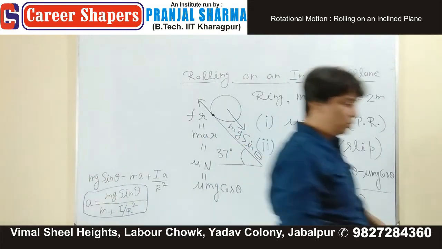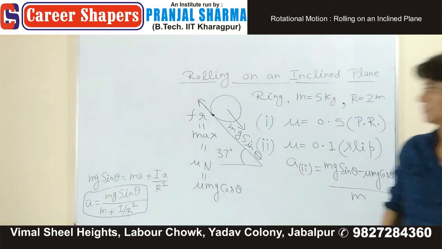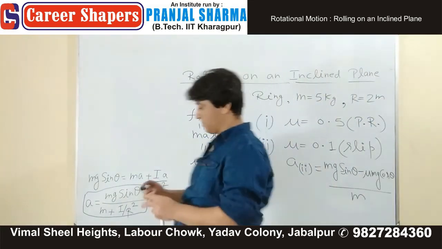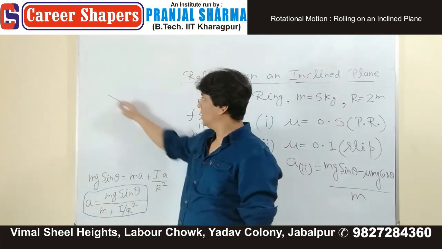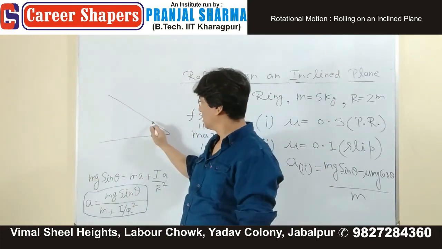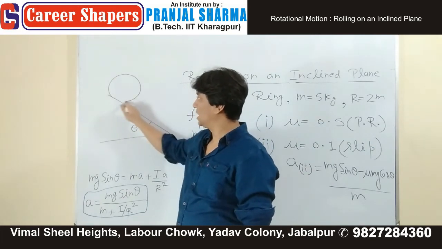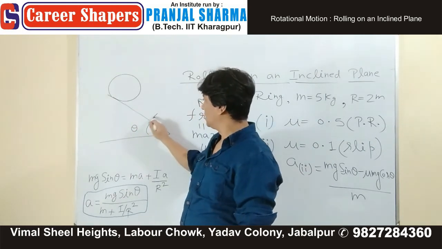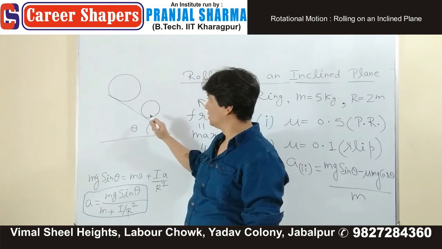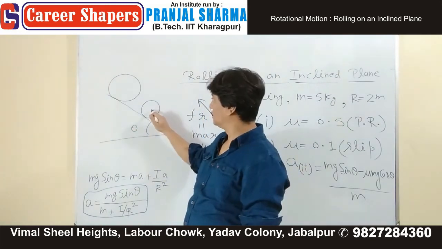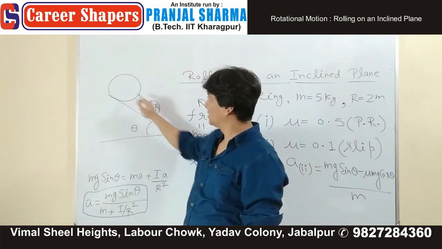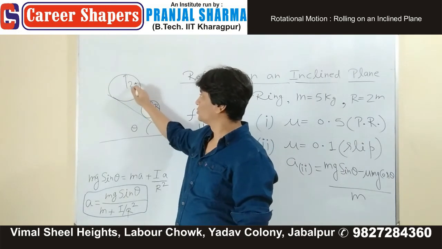There are two discs. This angle is theta and there are two discs, one larger and other smaller, so that its radius is r, its radius is 2r.